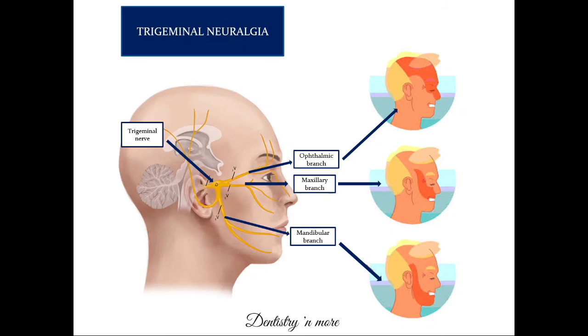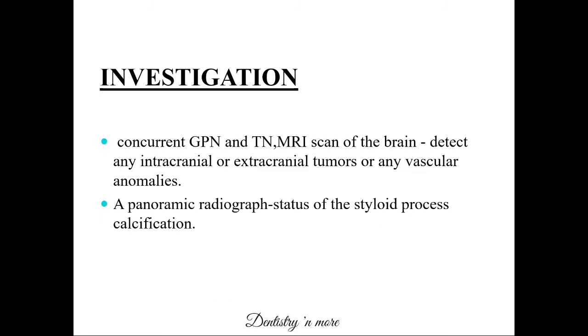V2, the maxillary nerve, is associated with the lower eyelid region as well as the cheek, nares and the upper lip. The mandibular nerve, V3, carries sensory information to the lower lip, the lower teeth, the gums, the chin and the mental region. So out of these three branches, it is the maxillary branch which is most commonly affected.